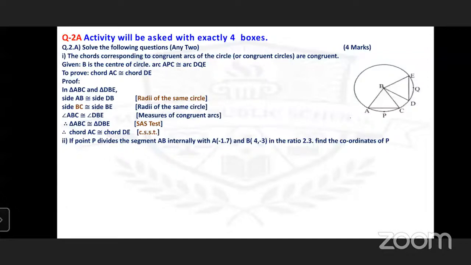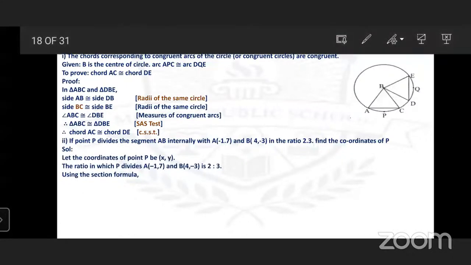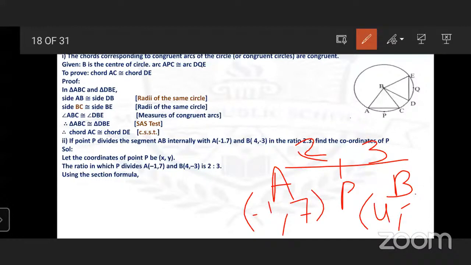And P is the point which divides this line segment AB internally in the ratio 2:3. Okay, so see, first we draw the line segment AB and P is the point which divides the line segment in the ratio 2:3. And its point A is (-1, 7) and B's coordinates are (4, -3).